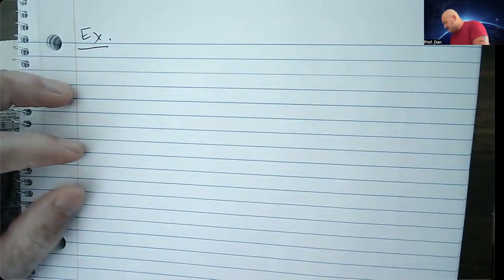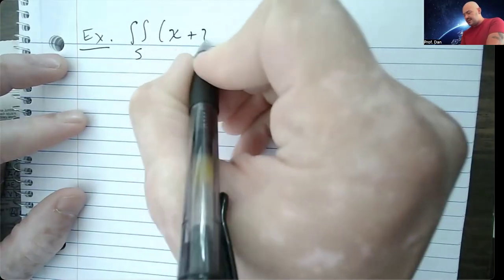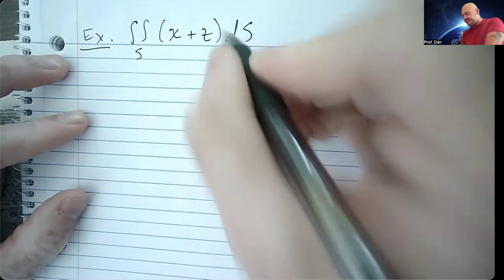Now, for this example, the surface integral we want to find is the double integral over the surface S of x plus z dS.